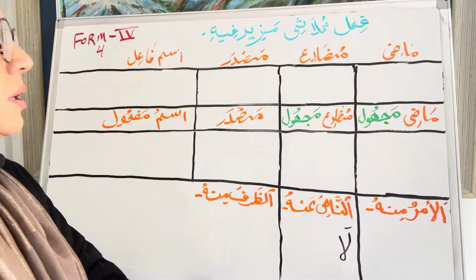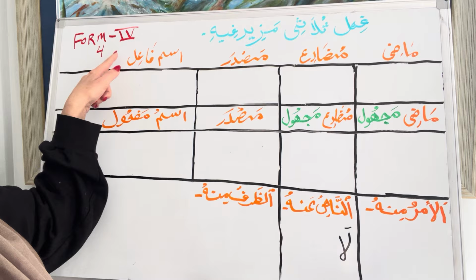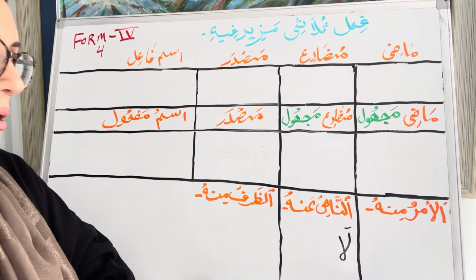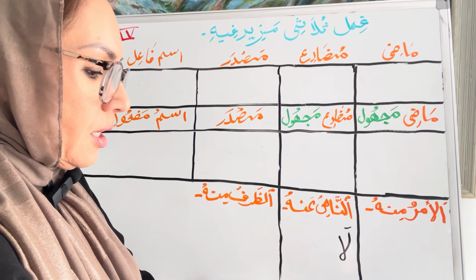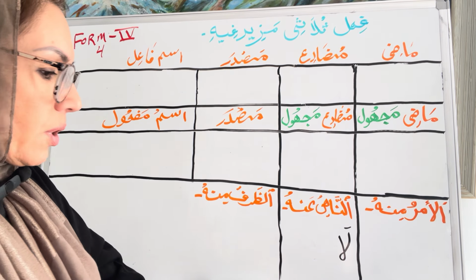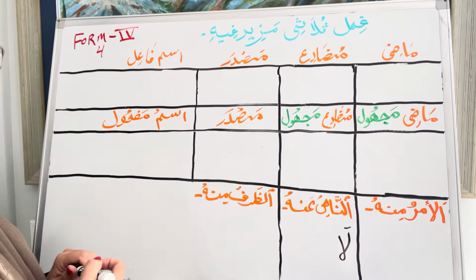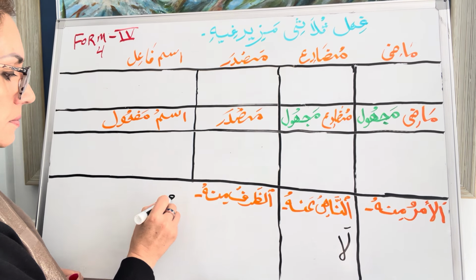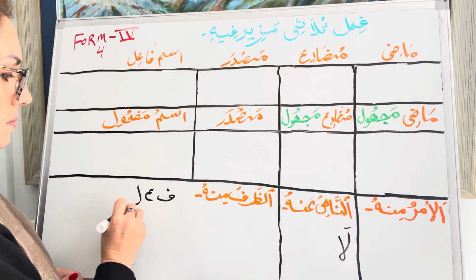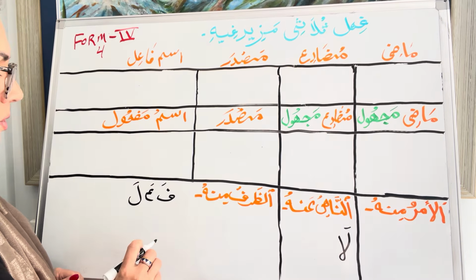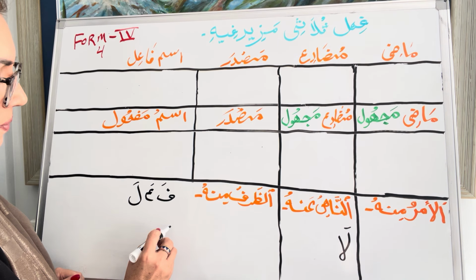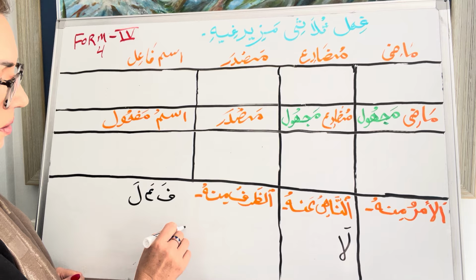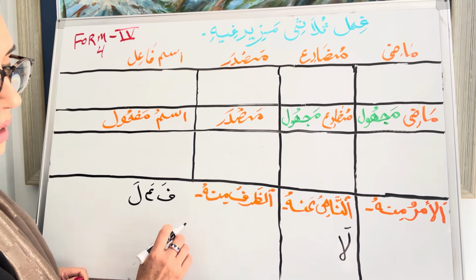All right, so now we are coming to form 4 of our verbs. In form 4, what's added? Let's go back to our basic fa'ala. Here there's the hamza.